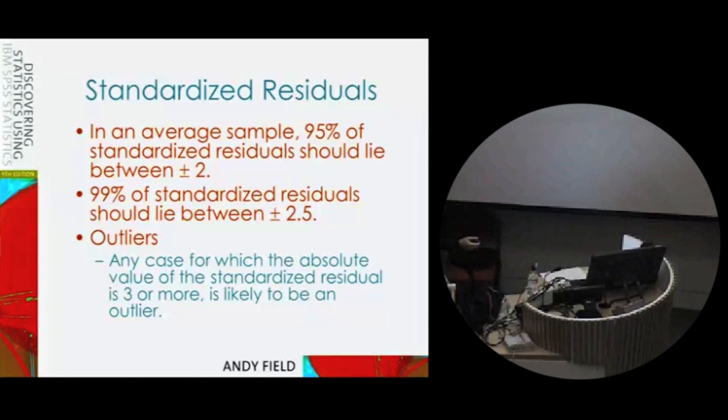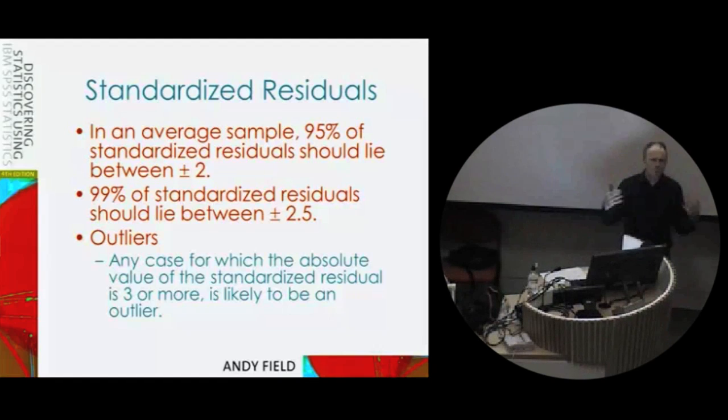And you can go to a more extreme level and say, well, we also know that for z-scores, 99% of them should fall between about plus or minus 2.5. Again, I think it's 2.58, something like that, but 2.5 will do. So if 99% of your errors or residuals are falling between those values, then that's fine. That's what you'd expect.